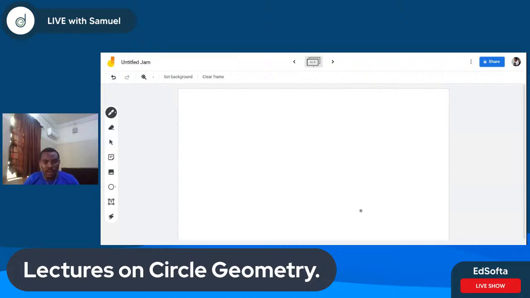So this one is: angles in the same segment are equal. I'll put that up on the board now. Angles in the same segment are equal.